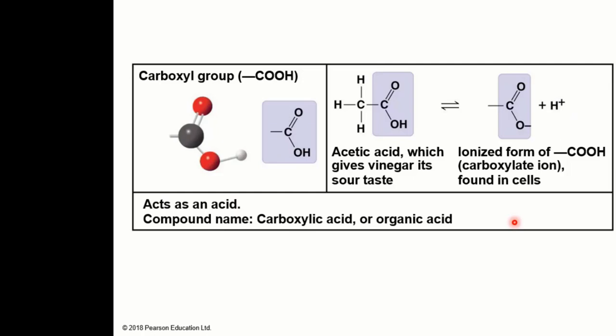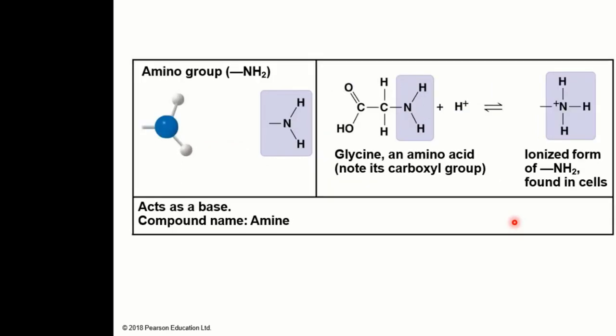It also occurs in an ionized form, the carboxylate ion, which is found in the soil. The compound name is carboxylic acid or organic acid.